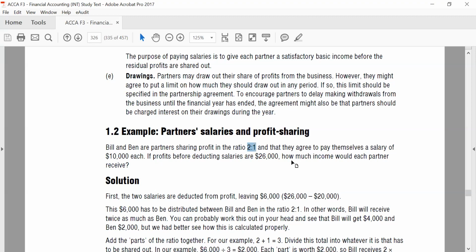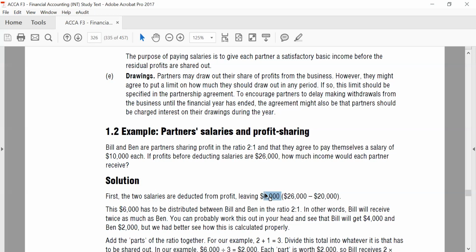We know that when we are dealing with ratios, the first thing we have to do is find the total ratio. Total ratio is 2 plus 1, which gives us 3. And then once we have the 3, it means that Bill, who is sharing 2, will get 2 out of 3 times what we are sharing. If you are getting a portion for Bill, it will basically be 2 divided by 3 times the profits to be shared.